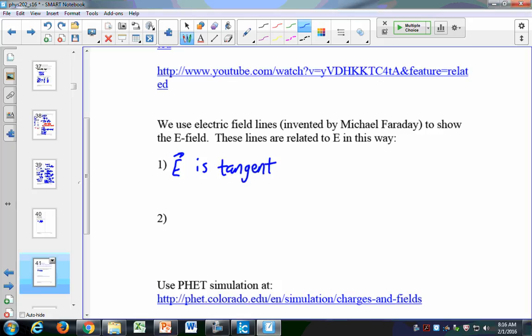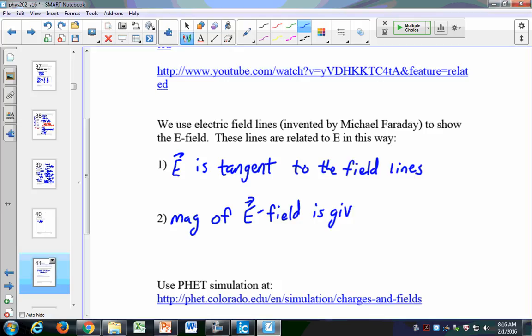Anyway, the electric field is tangent to the lines. And then also the magnitude of the electric field is given by the density of the field lines. If you're not in the lab, don't worry, I'm going to show you what this means.